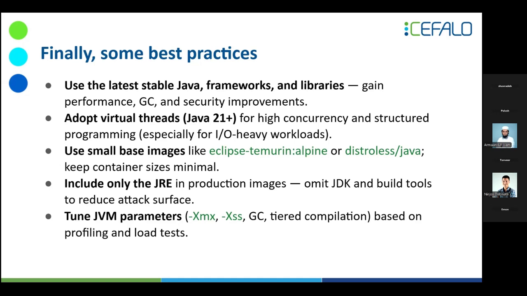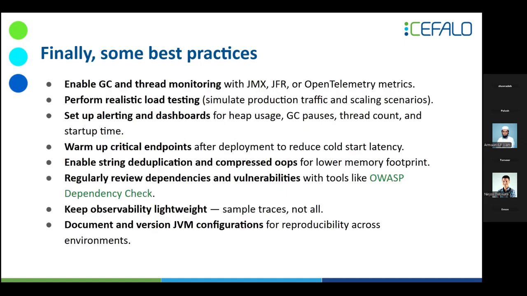And tune the JVM parameters based on profiling and load tests, and doing some more experimentation. Other best practices, like enabling GC and thread monitoring. Basically, you want to get more information about your workload in production, and also tune those in your test environment to see how much improvement you get.